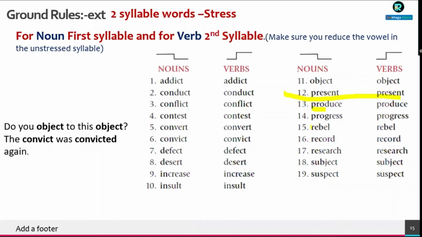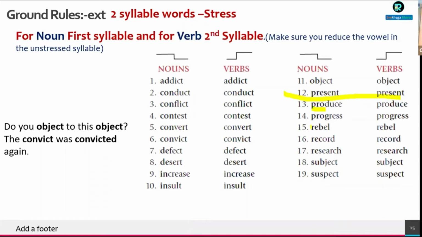Okay. So rebel, not re-bel. I think in the verb part you are having some problems.